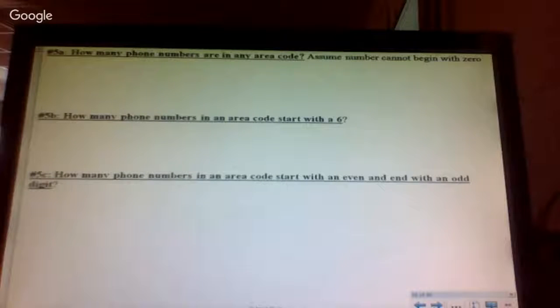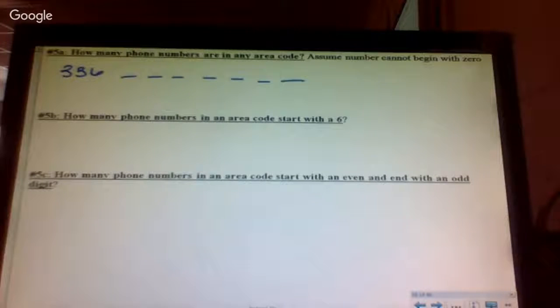Okay, how many numbers are in an area code? Something like my number is 336. They want to know what's here, here, here, here. So 336 won't change. They want to know everything else. Be careful. It says assume that the number cannot begin with a 0.